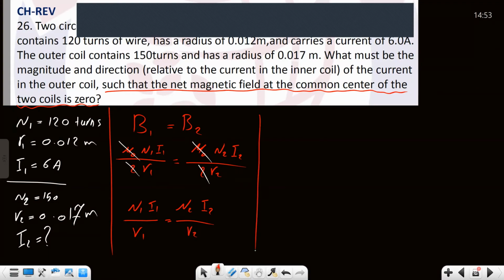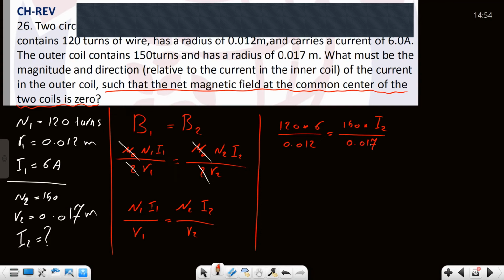And we have them all. N1 is equal to 120 times I1 is equal to 6 over 0.012 equal to N2, sorry, it's equal to 150 times the current, which is unknown, over 0.017.